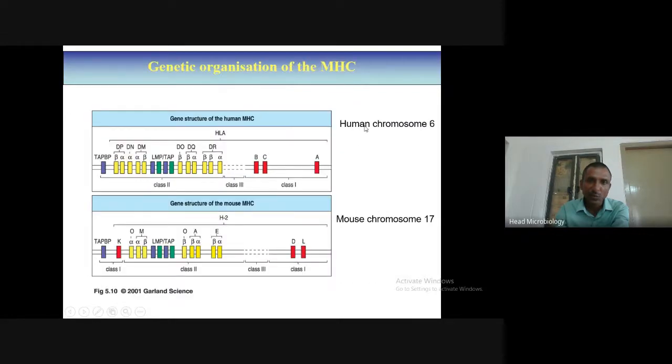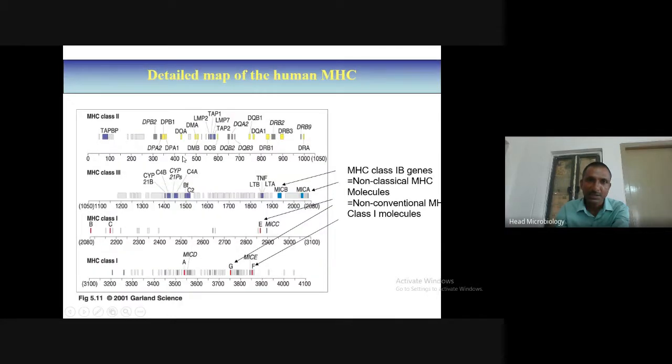Human chromosome 6 and mouse chromosome 17 match at the major histocompatibility locus.